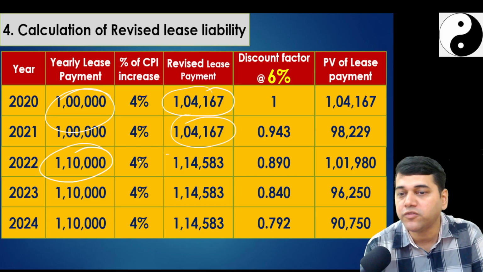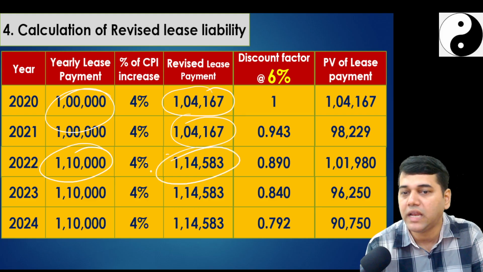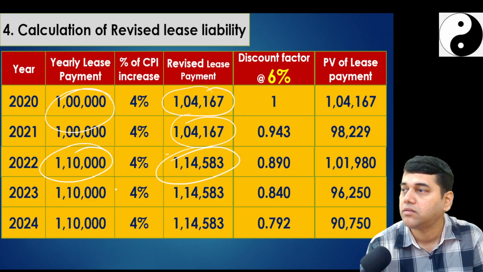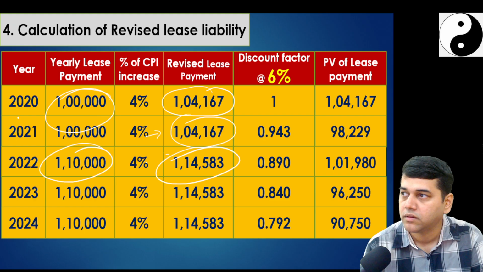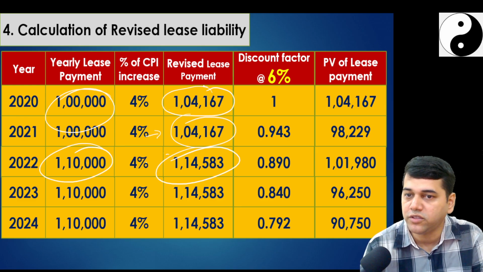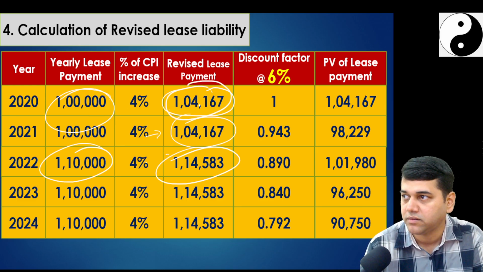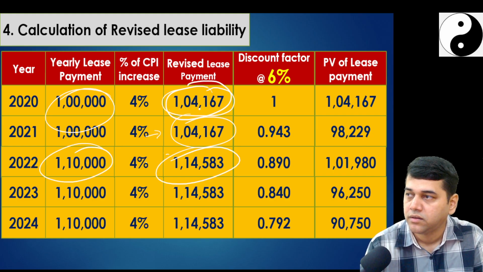So CPI was 4% up, so you will add this. 2020, 2019. So this is the 2019 based payment.